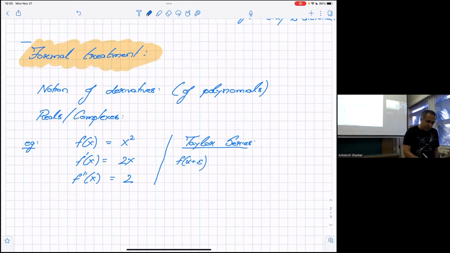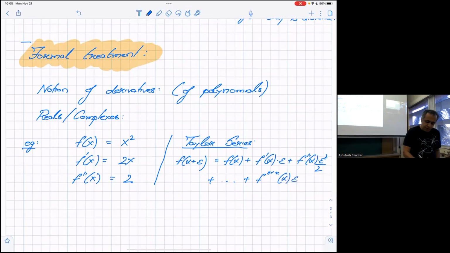It goes like f of alpha plus f prime of alpha times epsilon plus f double prime of alpha times epsilon squared by 2, and so on. In general, it will be the r-th derivative times epsilon to the r, divided by r factorial.